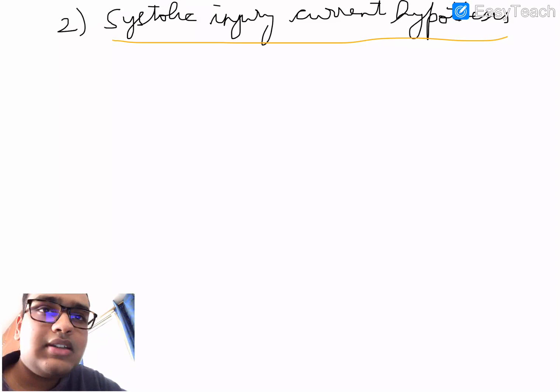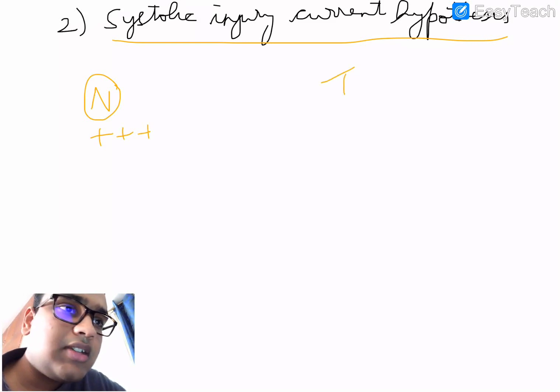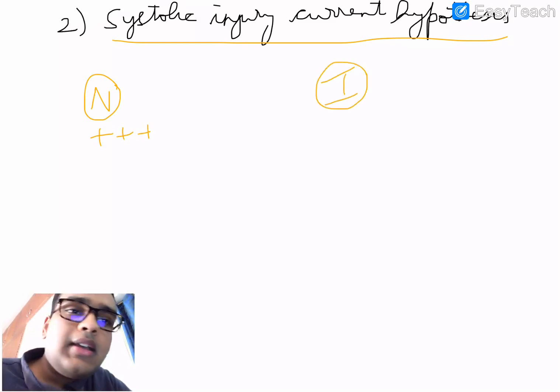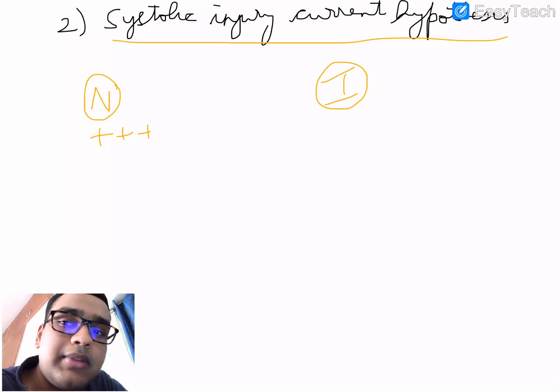In this, it says that in a normal cell, there is a normal depolarization which occurs, but in an ischemic cell, it is incompletely depolarized. So it's similar to the previous theory, it is incompletely depolarized. Because it is incompletely depolarized, it gets repolarized faster than the normal cell.